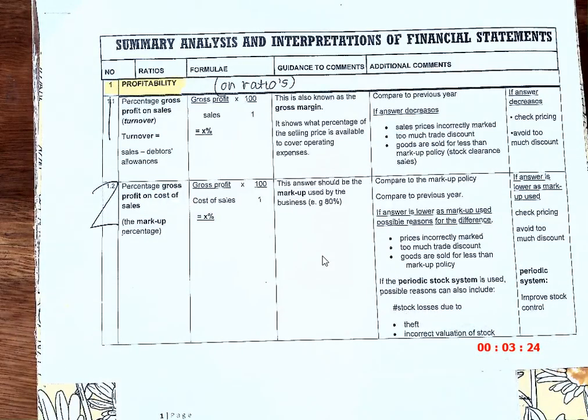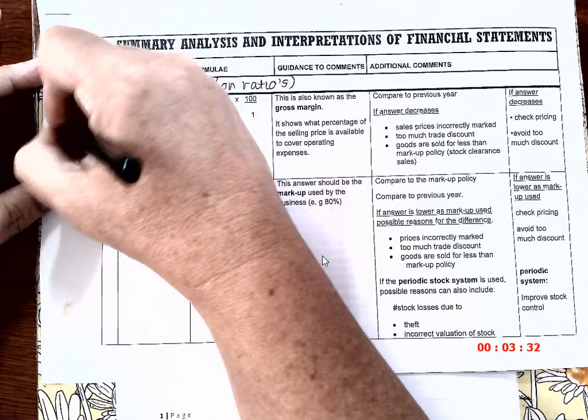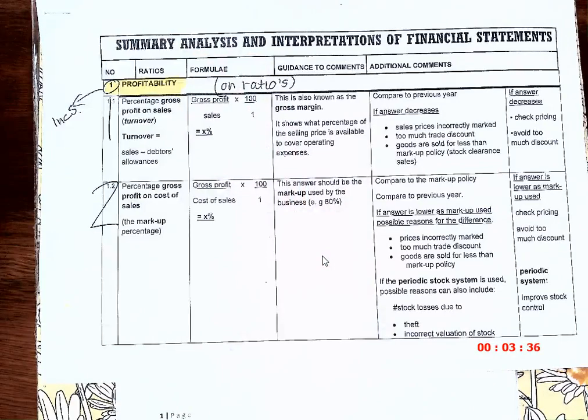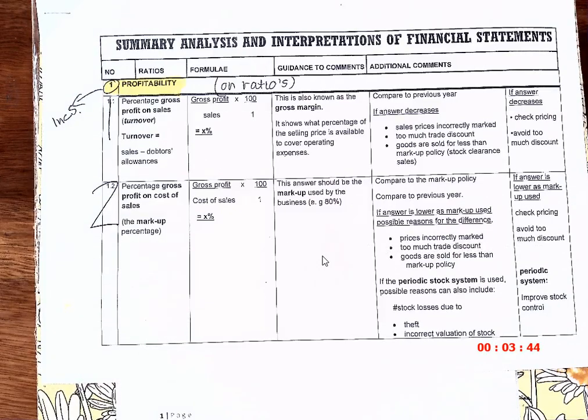We'll go through each one separately. But you will also see your profitability ratios, you'll find the info in the income statement. This is all about what is influencing this business's ability to make profit.